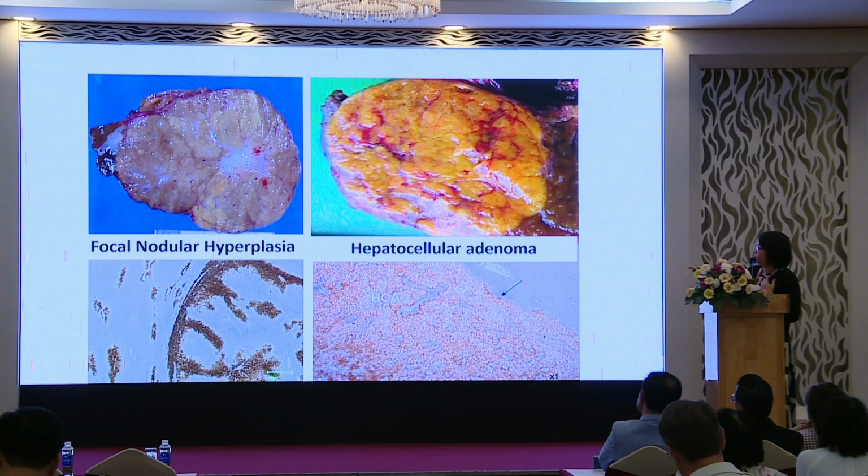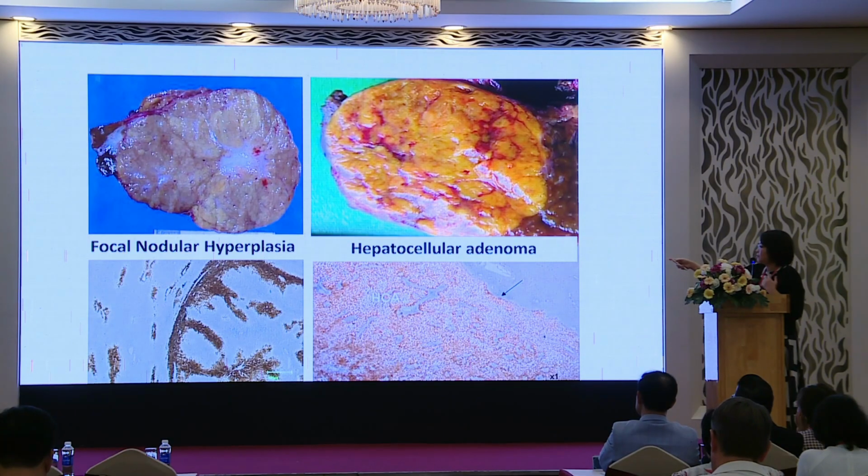So the focal nodular hyperplasia is a benign hepatic hyperplastic lesion, which often presents a fibrotic scar in the center of the tumor. And the glutamine synthetase presents a map-like pattern, as you can see here.